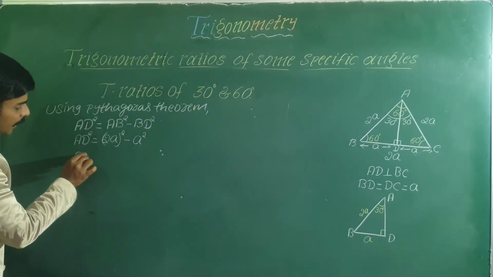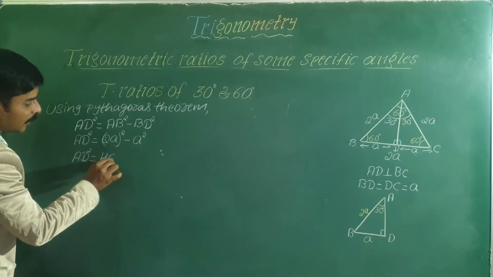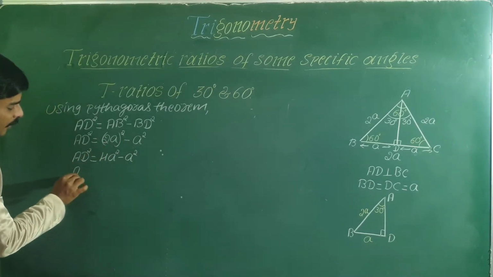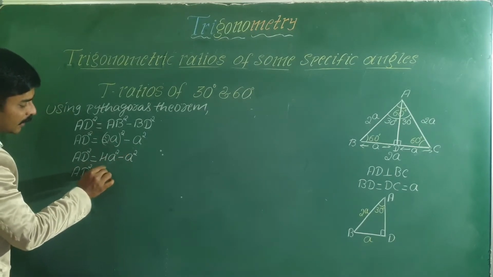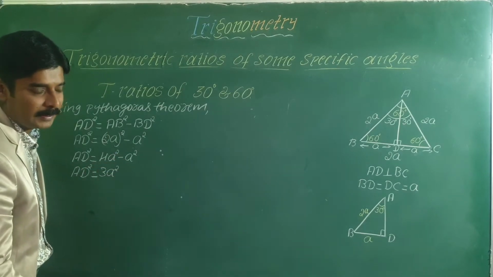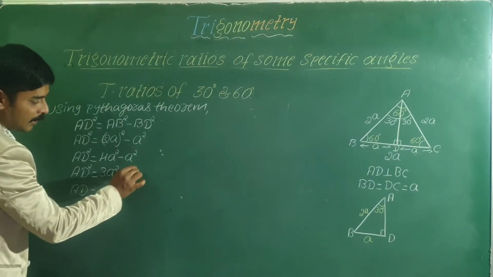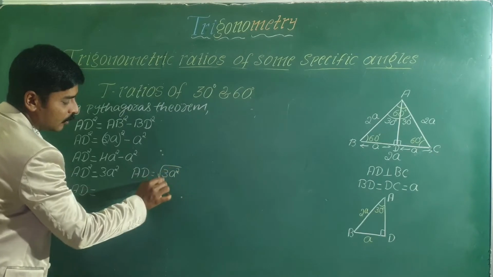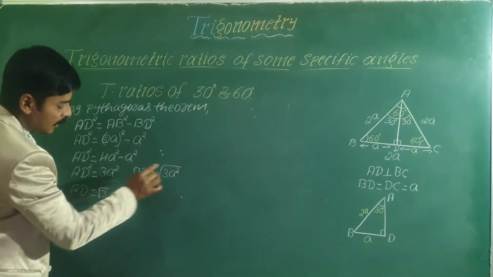Now AD square is equal to 2a whole square, which is 4a square, minus a square. So AD square is 4a square minus a square, which is 3a square. So 4 minus 1 is 3. So what is AD? AD will be the square root of 3a square. The square root of 3 is root 3, and square root of a square is a.